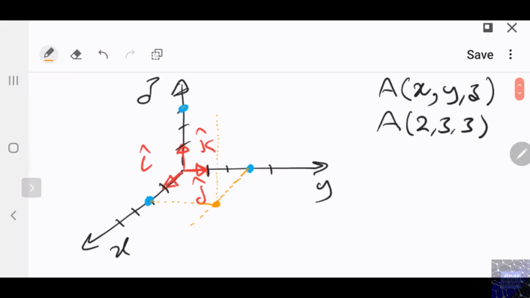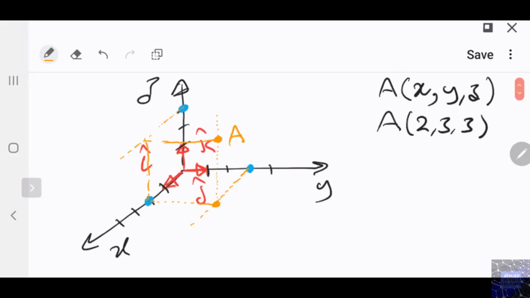If you go parallel to x, and then parallel to y, till you intercept with the line you drew, this one would be the location of A. So this is the location of the point A in the Cartesian coordinates.